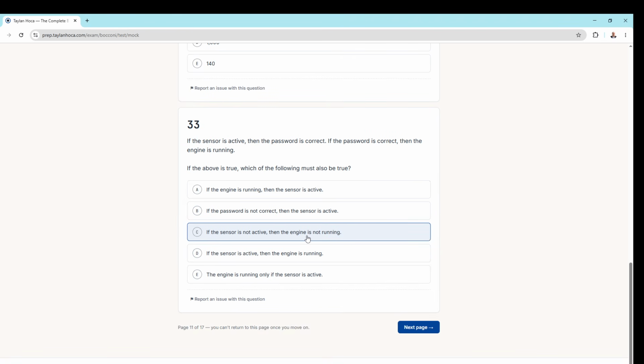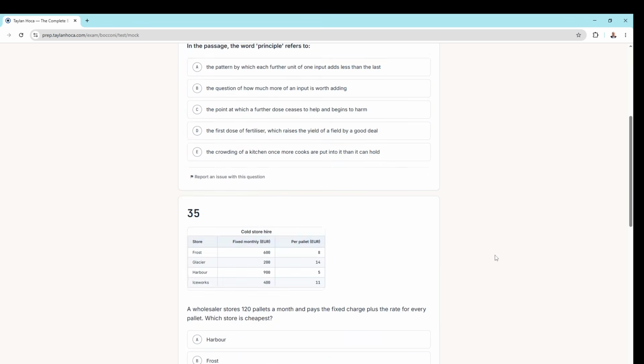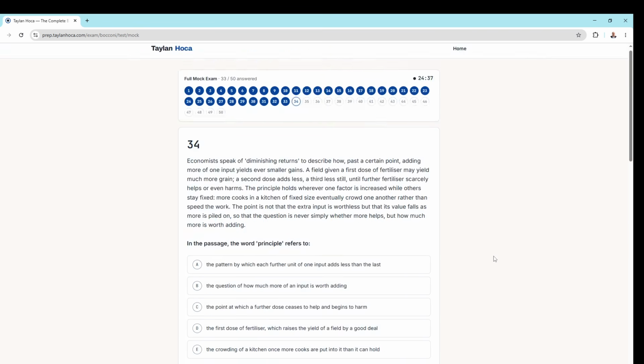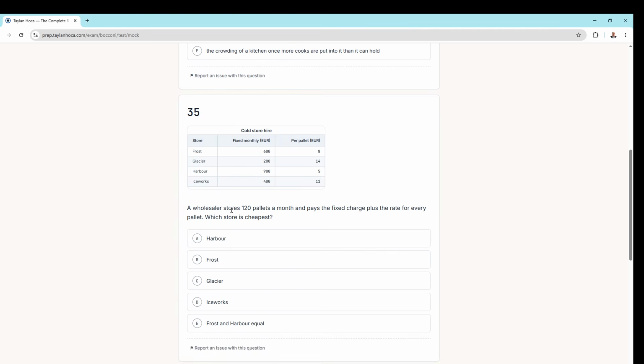No, maybe the engine is running because of something else, right? Yeah. If the sensor is okay, yes, this if then we can connect them, right? If the sensor is active, then the engine is running. All right. So we have two more readings here, and we have this.